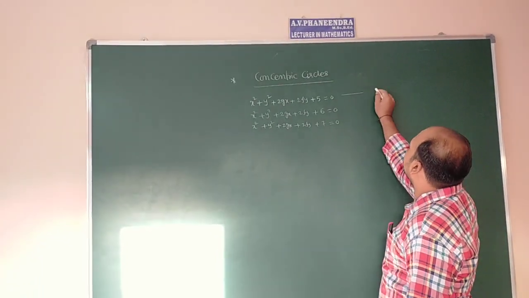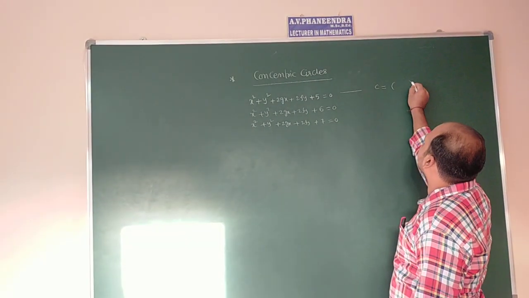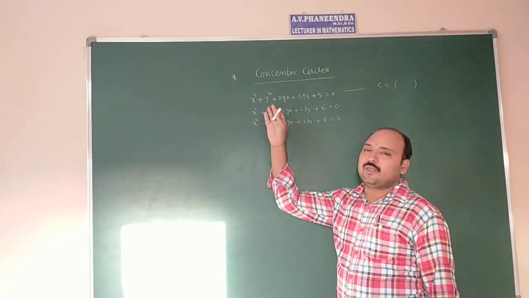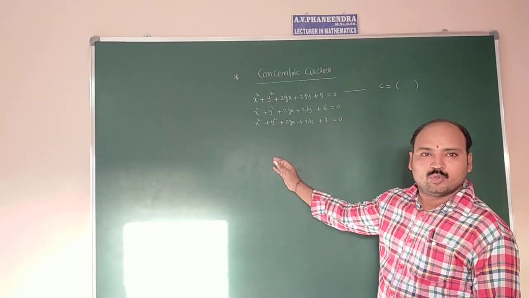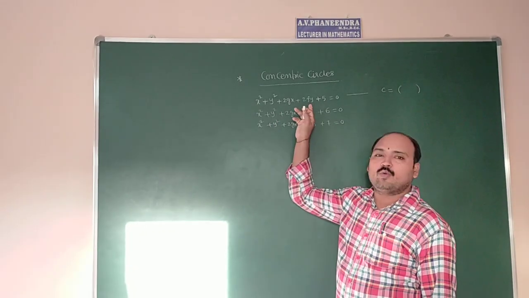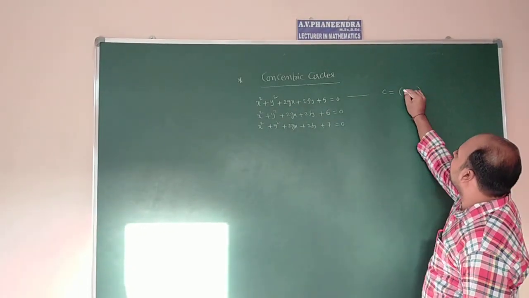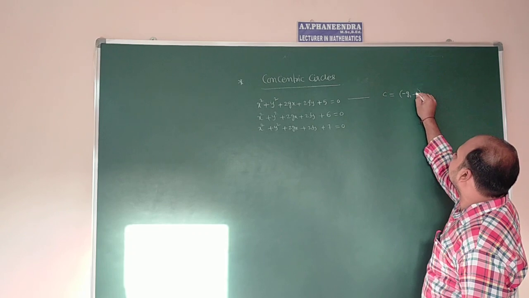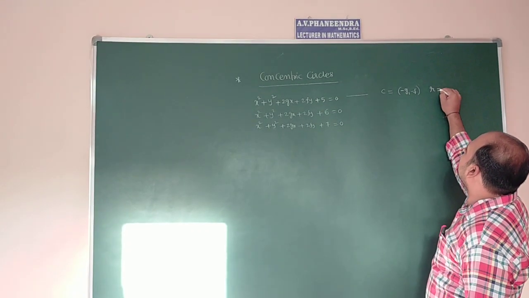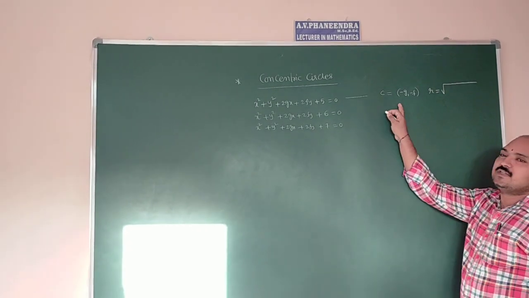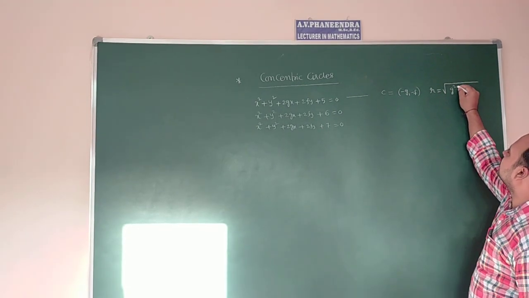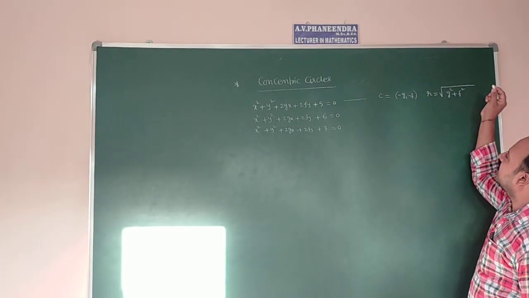For the first circle, it looks like the general equation of a circle whose center is minus x coefficient by 2, minus y coefficient by 2, so (minus g, minus f), and radius equal to square root of g squared plus f squared minus c.